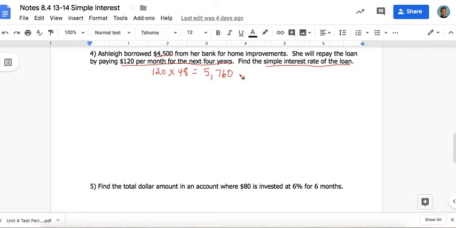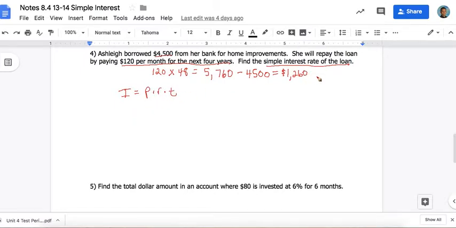Okay, and then I have to subtract the amount borrowed, which is $4,500, and this tells me how much interest was earned, so $1,260. Now I can use the formula I equals principal times rate times time.